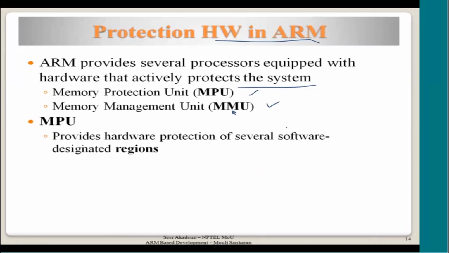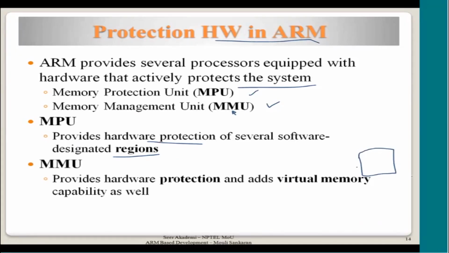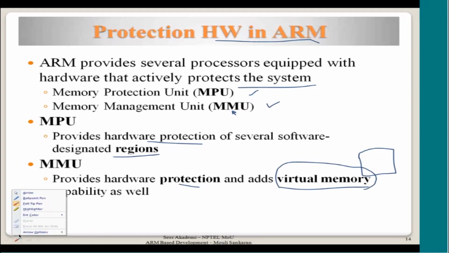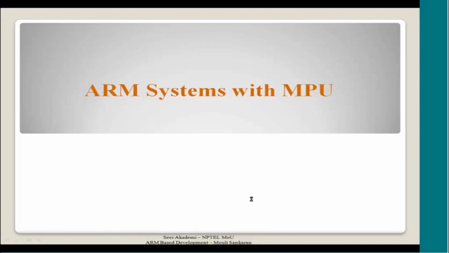The MPU provides hardware protection of several designated regions. I told you different regions of memory are there. The different areas of memory are called regions. I'll explain more about that. The MMU provides protection and adds virtual memory capability. Let us not bother about this now, because we have the next question talking about that.